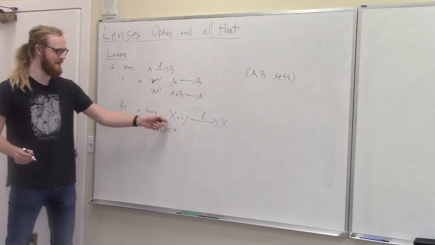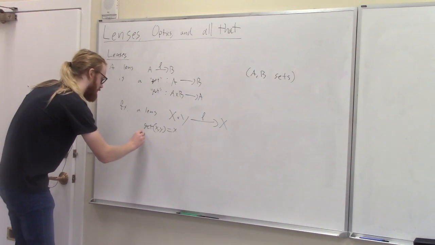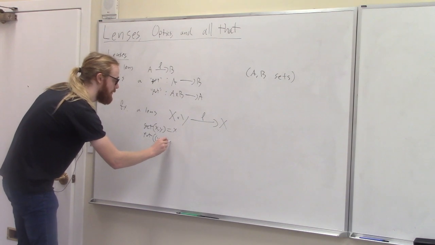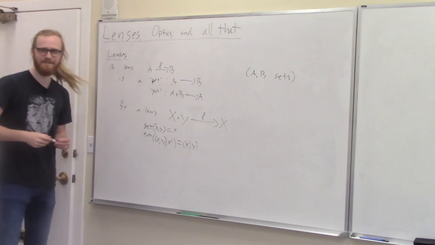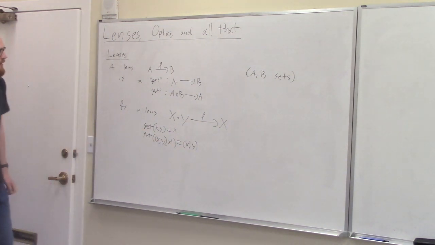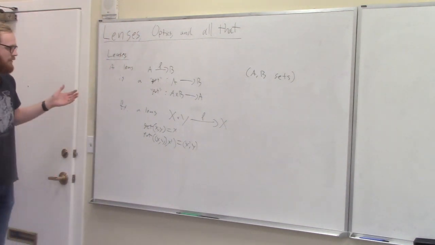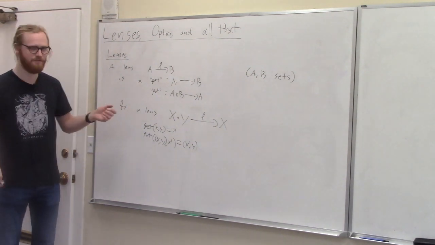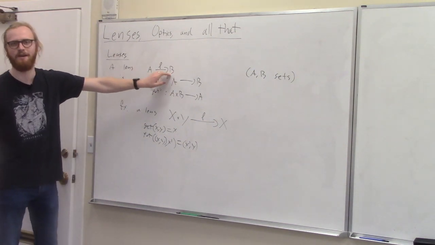So how do I read an x out of this thing? I just take the first thing, and put of x, y, x prime is x prime, y. How do I set the x field to x prime? I just replace it with x prime. Okay, so this is a kind of approach to data structures, to a relation between two types of data structures that tells you how to locate one inside the other.